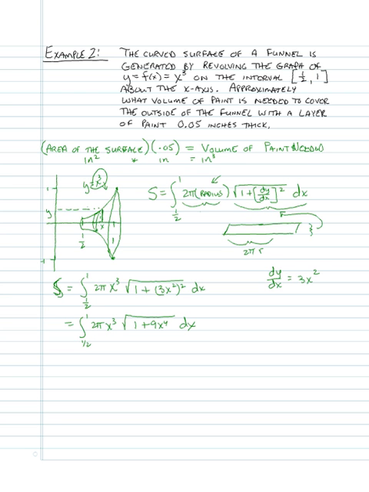This looks like a simple u substitution. We factor the 2 pi out, and then we have x cubed times the square root of 1 plus 9x to the 4th with respect to x. So I'm thinking in terms of the u being 1 plus 9x to the 4th.